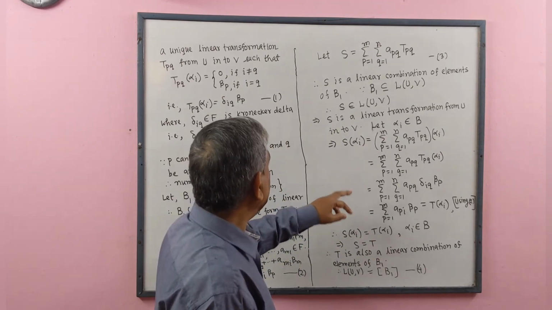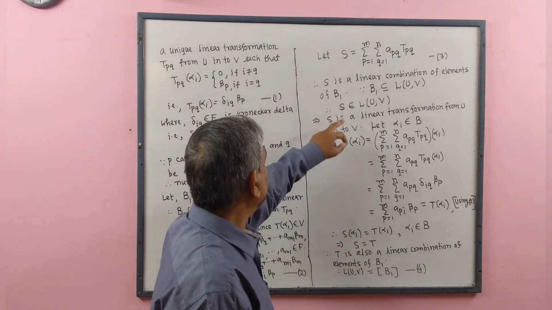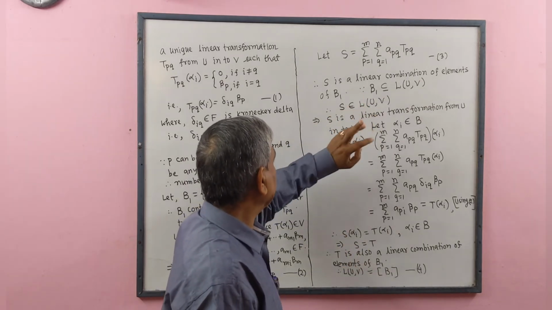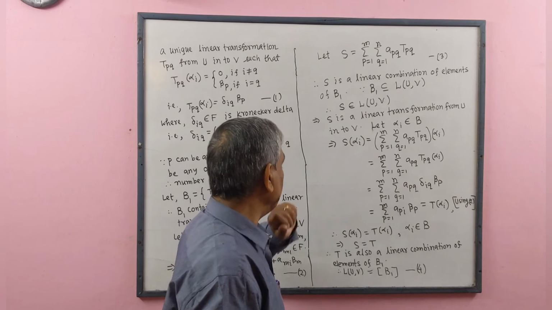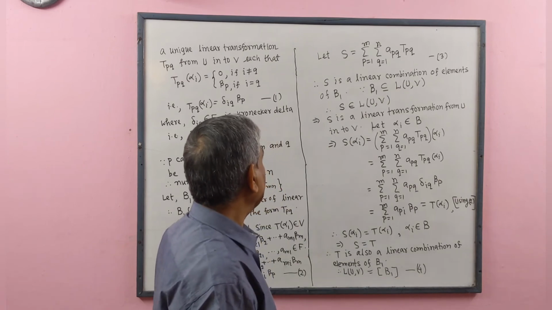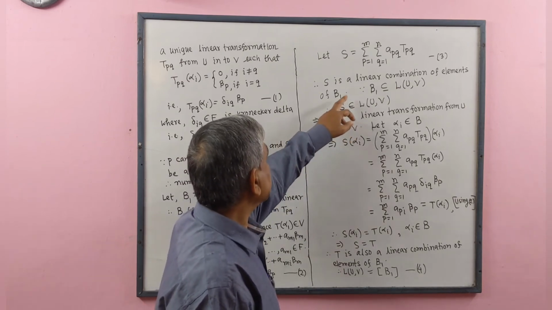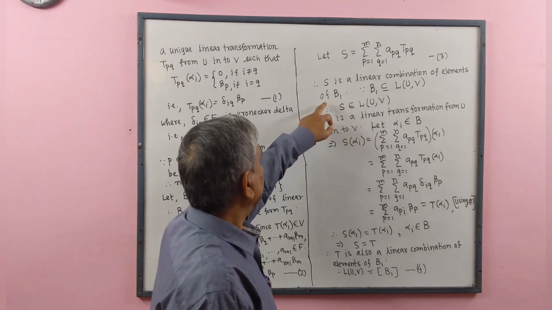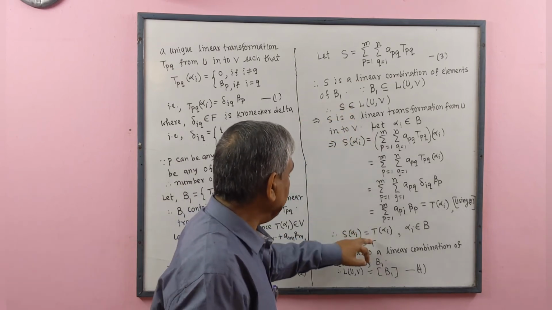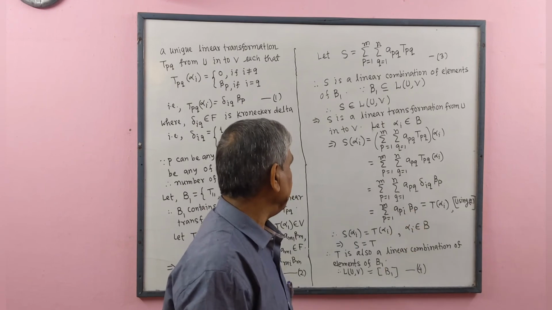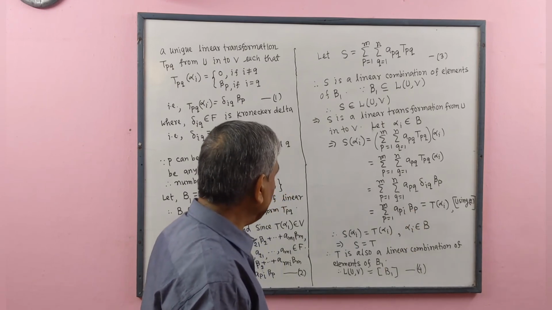Since T equal to S and S belongs to LUV, therefore T belongs to LUV, and S is a linear combination of elements of B1. Therefore T is also a linear combination of elements of B1.